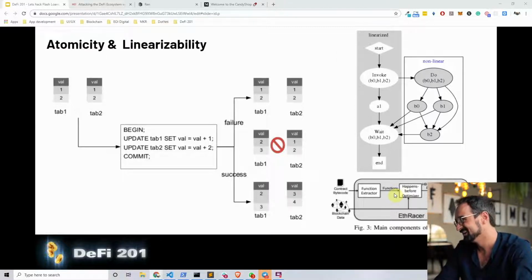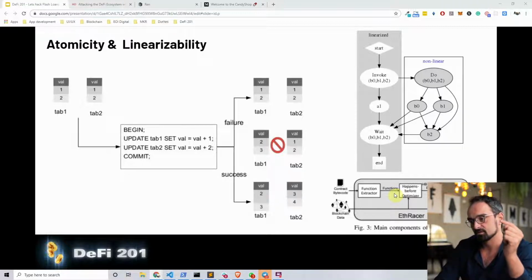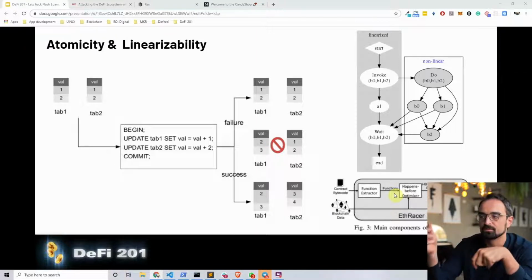Linearizable is a difficult word to pronounce. This means that when the transaction starts, there is a sequence of events that always need to happen in a certain sequence. You cannot have one event happen and then another event that's not connected.